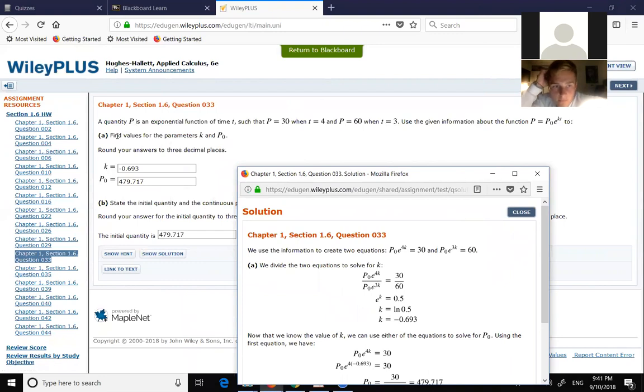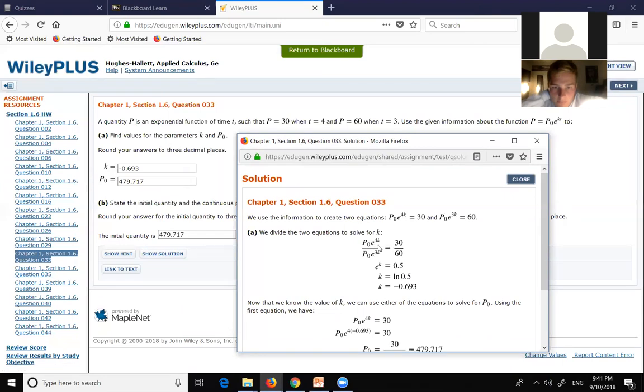They ask the same type of question: k and P naught. Last time you found A and P naught, now it's k and P naught. So the same thing, you take the ratio. You plug in t equal 4, you get P naught e to the 4k, and P is 30 here.